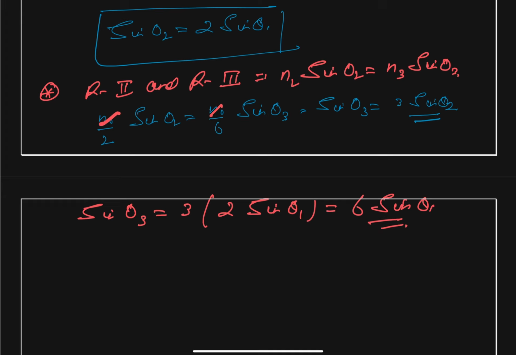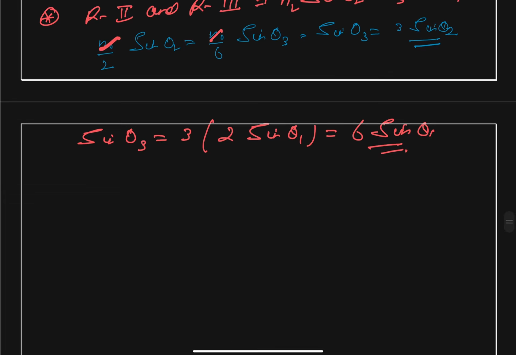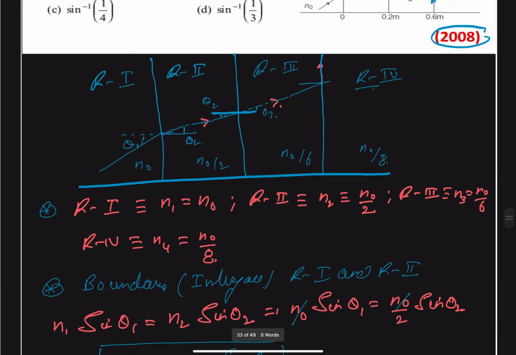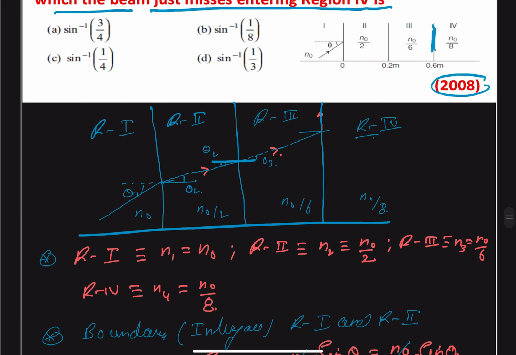And similarly, we apply Snell's law at the boundary of region 3 and region 4. But here we have supposed that the ray should not enter region 4 but just miss it. So therefore this angle will be our theta 3 and theta 4 will be 90 degrees.